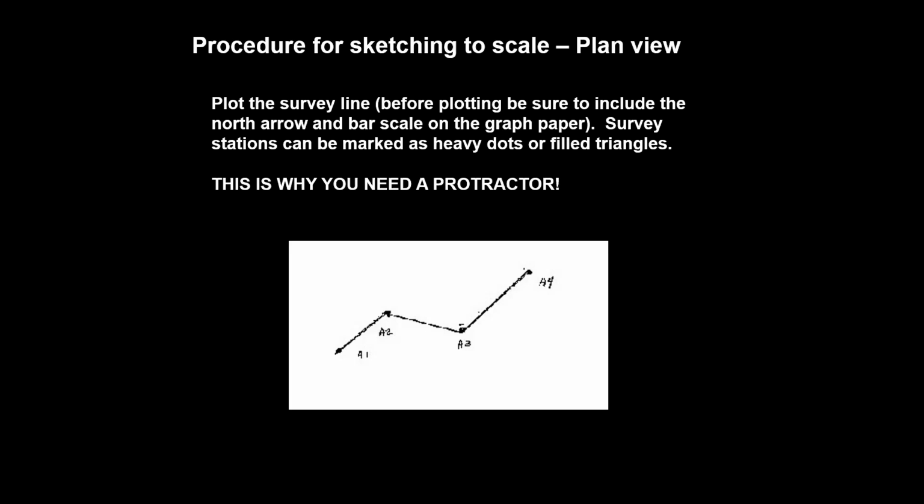So whenever I'm sketching with somebody, I want the survey team to tell me everything. I want them to say, station A1 to A2, distance is whatever it is, bearing is whatever it is, inclination, front sight, back sight, left, right, up, down. I want them to identify those numbers so there's no doubt in my head what numbers they give. That way I don't have to think about the numbers.